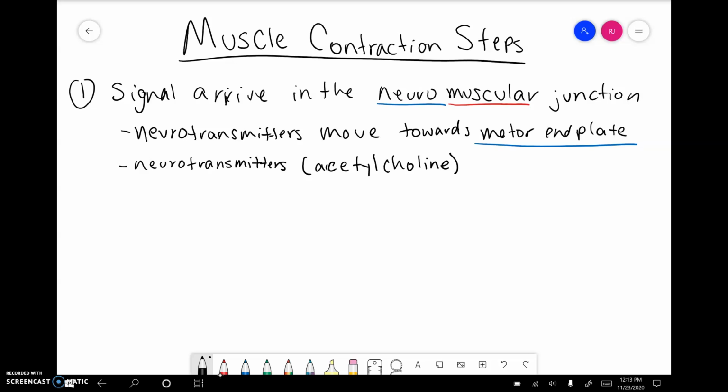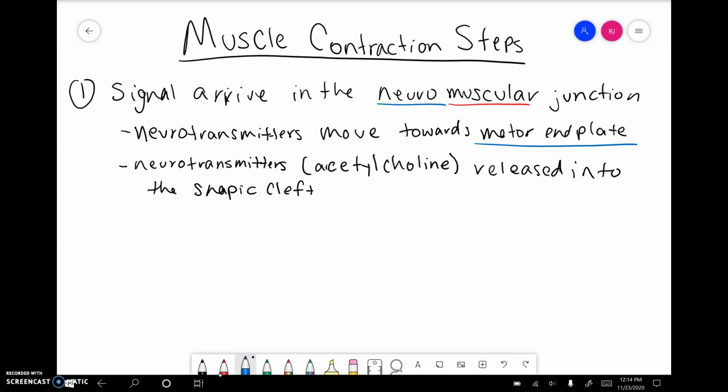That is going to be released into the synaptic cleft. And the synaptic cleft, again, is just that little gap between our nerve cell, our motor end plate, and our sarcolemma, which, if we recall, is the membrane that we're going to see around our muscle fibers.